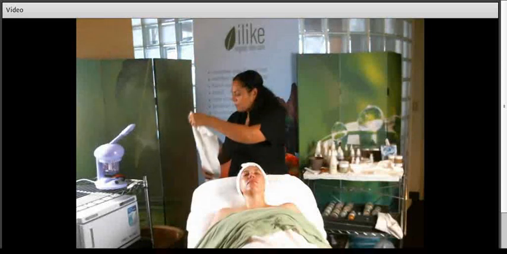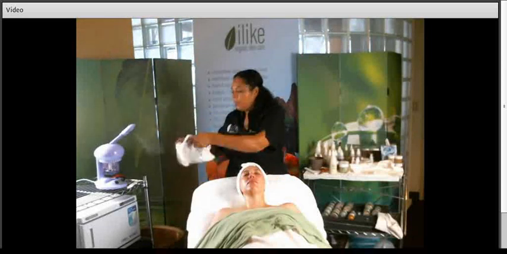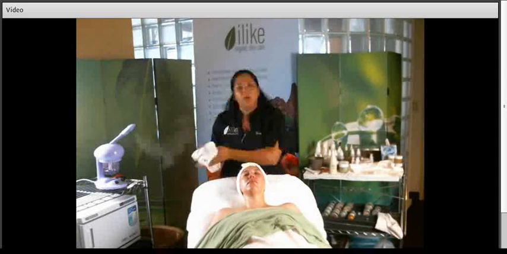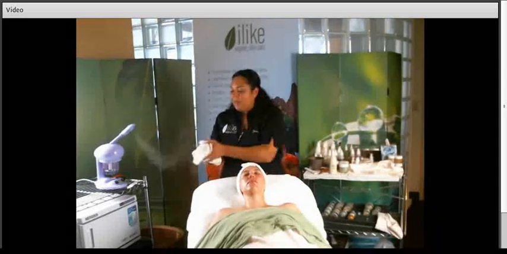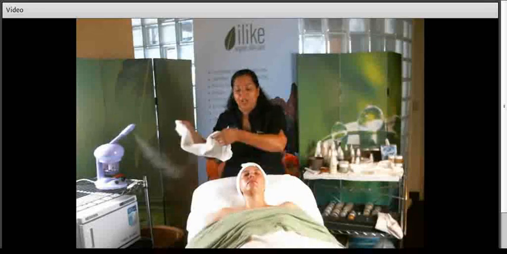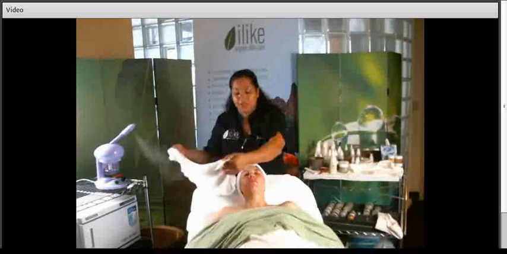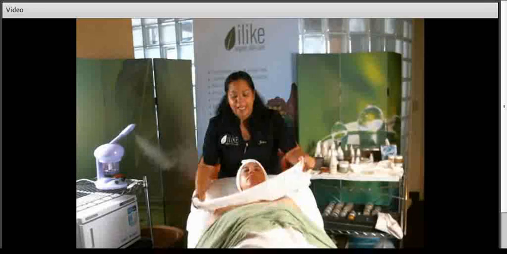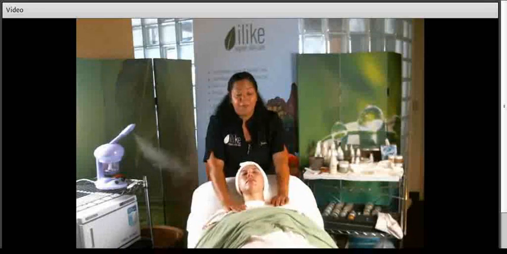I'm going to steam in the next cleansing step with my exfoliating wash. And the steam is going to assist with the exfoliation and helping to loosen dead skin cells and soften the impactions inside the pores, and will aid in assisting in extractions. Also hydrates the skin and flushes the pores.